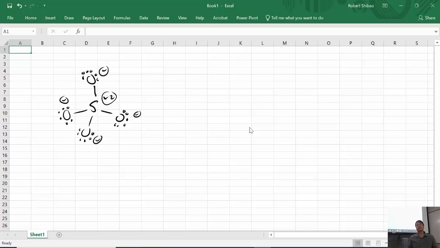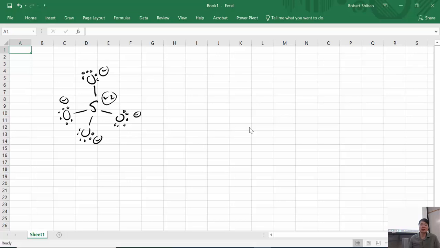So the controversy was surrounding the participation of d orbitals in bonding. In Petrucci and Chem 1A, there's a statement about recent quantum mechanical calculations showing like no d orbital participation in bonding.